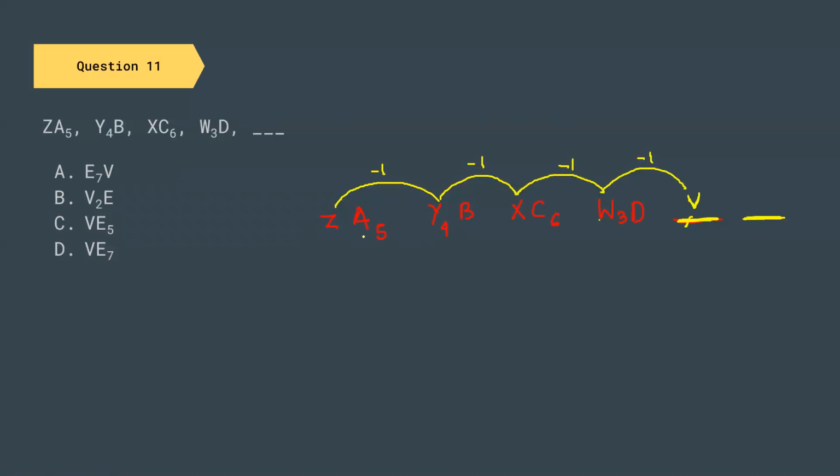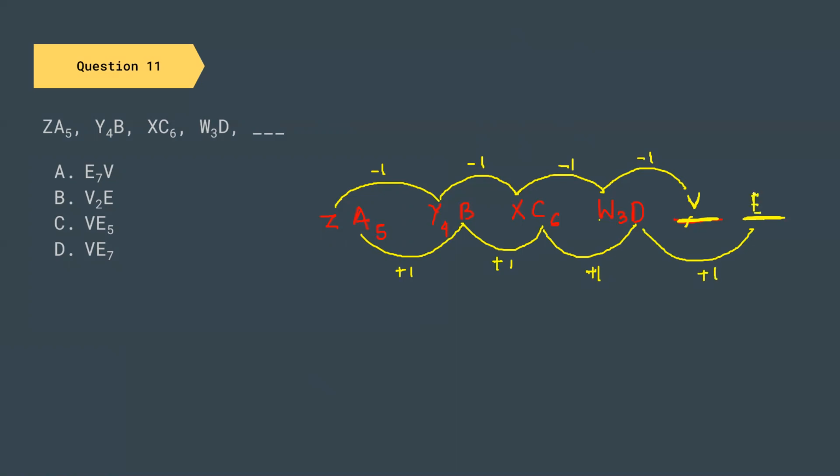And for the second letter, A plus 1 is B, B plus 1 is C, C plus 1 is D, and D plus 1 will be E.